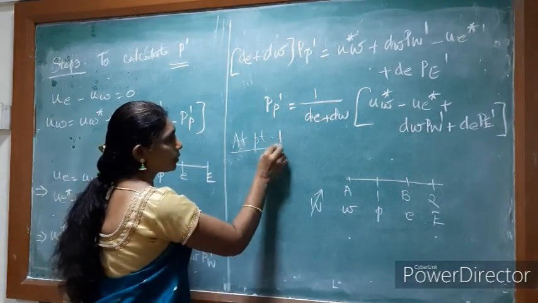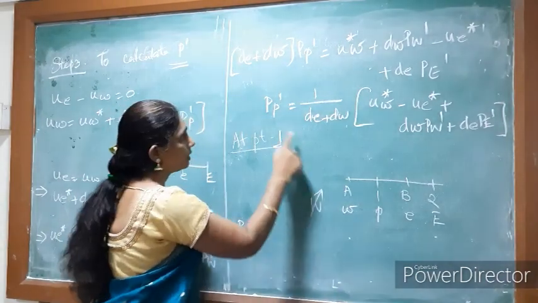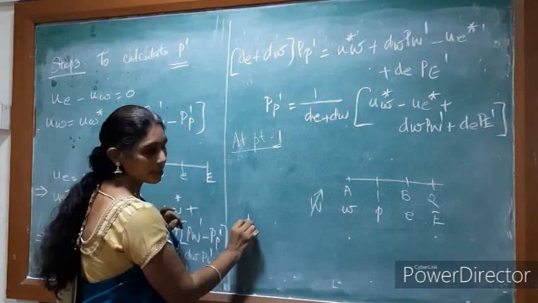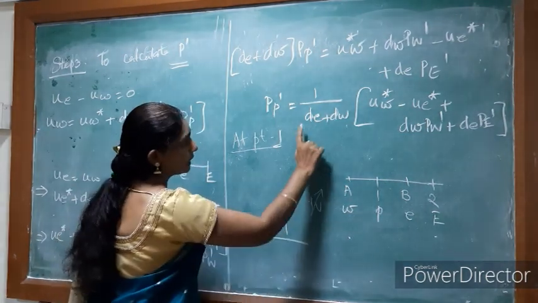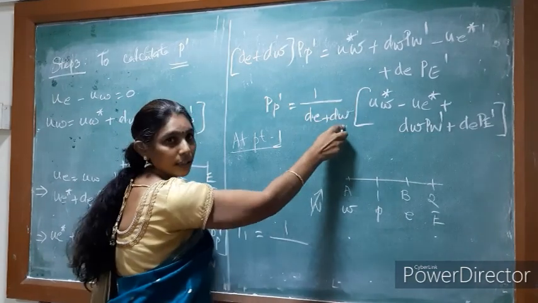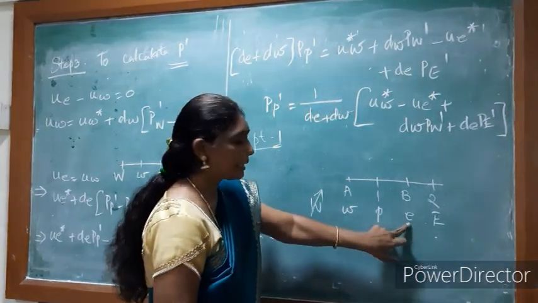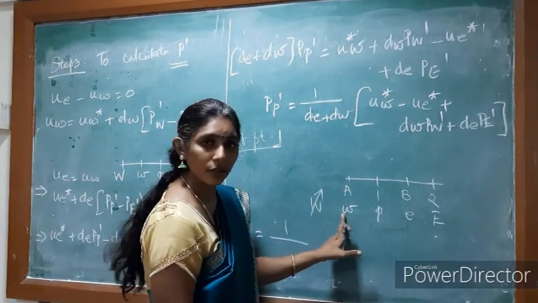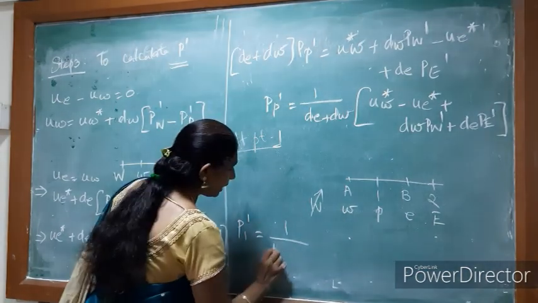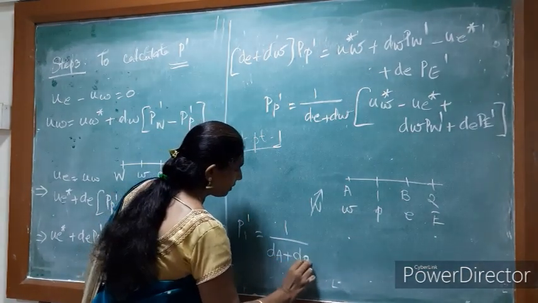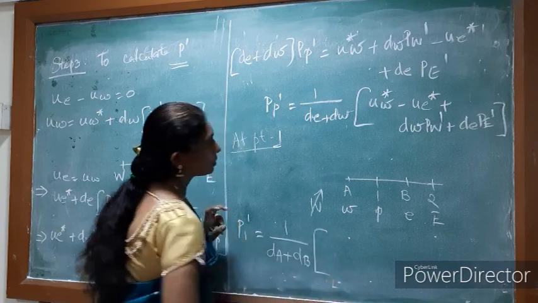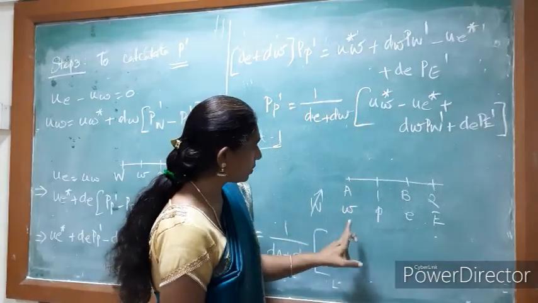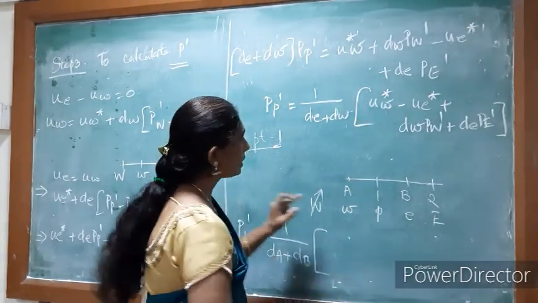So this is at point 1, right? So my P is going to be 1. So here I am going to write it as P1 dash equals 1 by dE plus dW. All these are smaller case only. What is dE here? It is dB. What is dW? It is dA. So dA plus dB into, look at this UW. UW is here, right? UA.